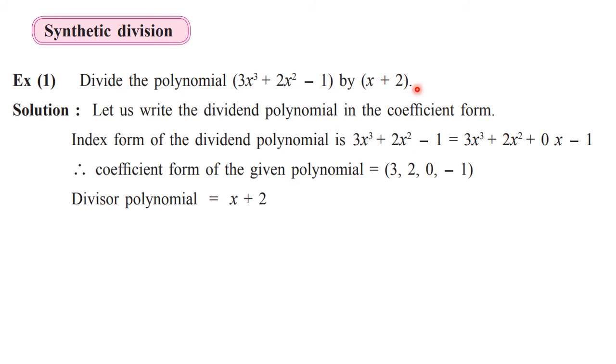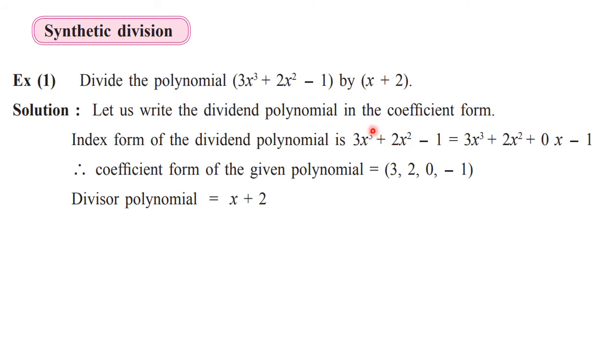So here, to do synthetic division, the dividend polynomial we have to write down in coefficient form. So to write down in coefficient form, it's obvious that first of all we have to write down the index form of that polynomial, and from that we have to write down the coefficient form. Okay. So the dividend polynomial is 3x cubed plus 2x squared minus 1.